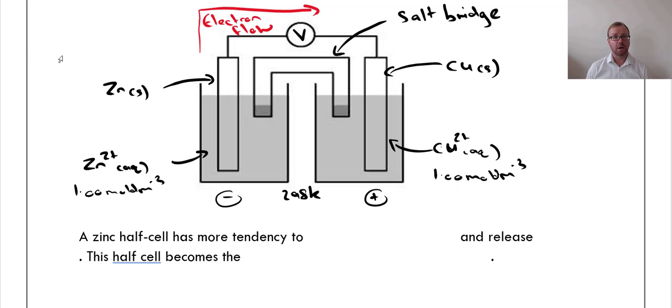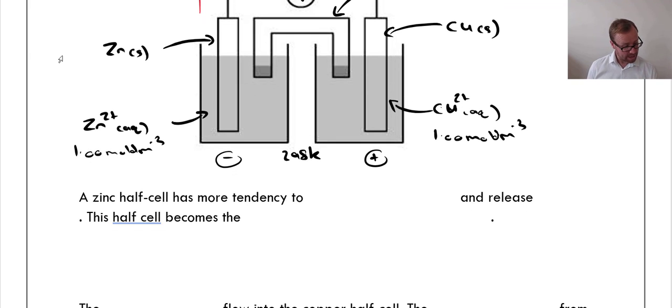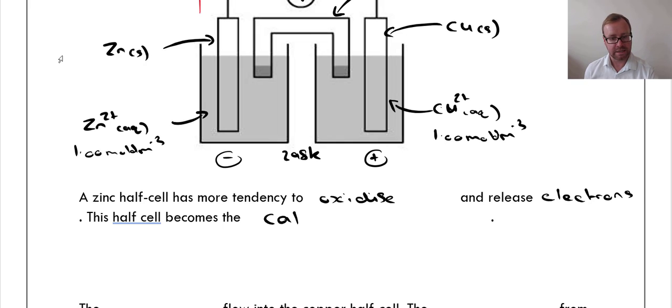So we'll talk about what's going on here. A zinc cell has more tendency to oxidize and release electrons, which means that this half cell becomes the cathode, the negatively charged one, which we can see that we've labelled.